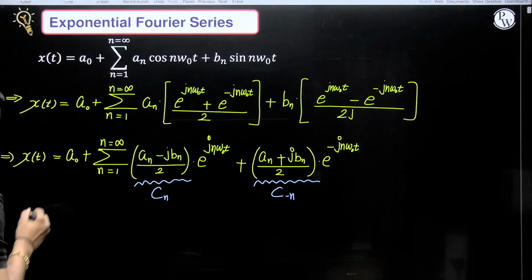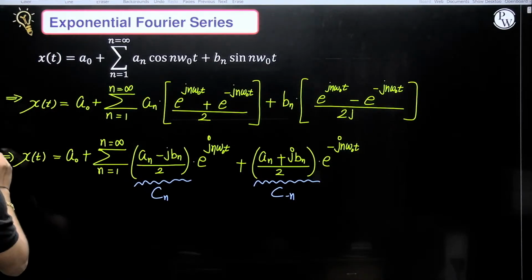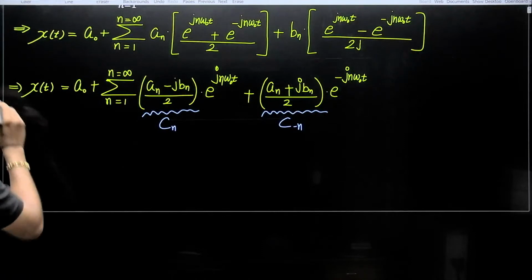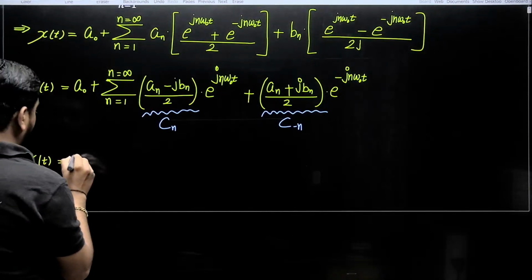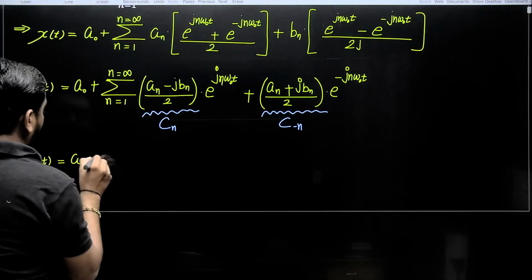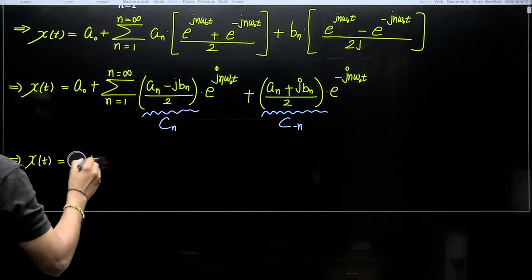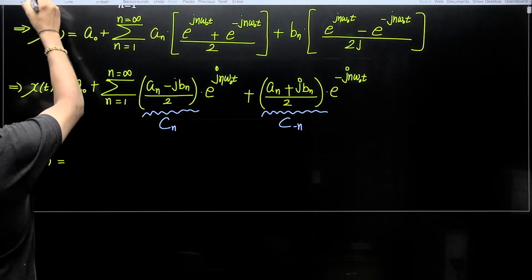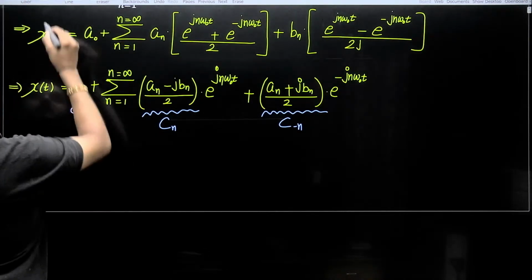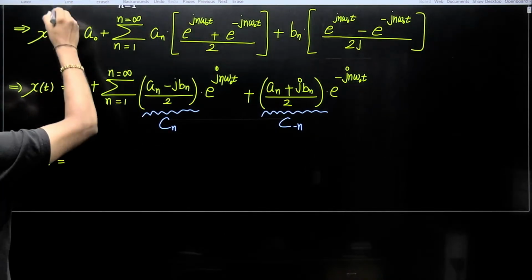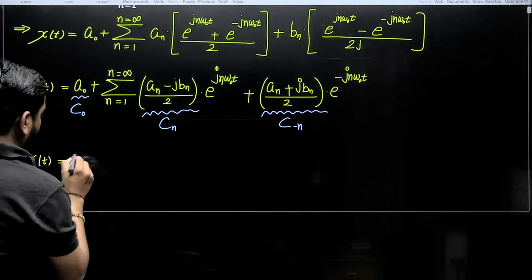So x of t will be, a0. Here I am replacing, just changing the notation. Instead of a0 I am writing C0, there is no change in the thing, just a change in the notation.